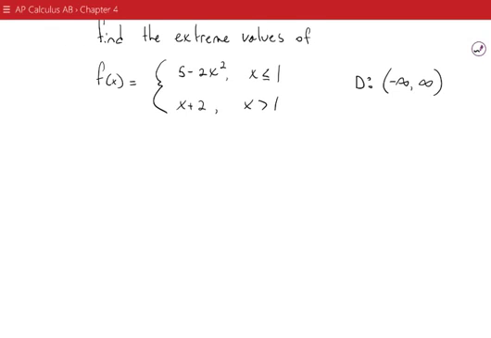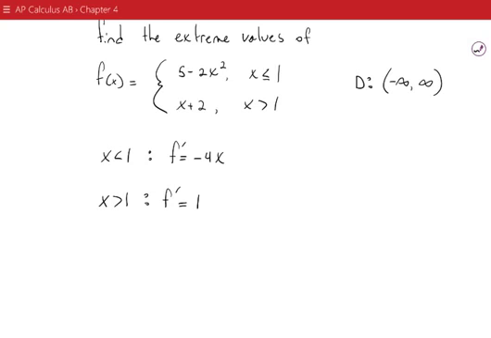As long as x is less than 1, the derivative of the function is negative 4x. We're just taking the derivative of the top expression in the piecewise function. As long as x is greater than 1, the derivative of the function is 1.